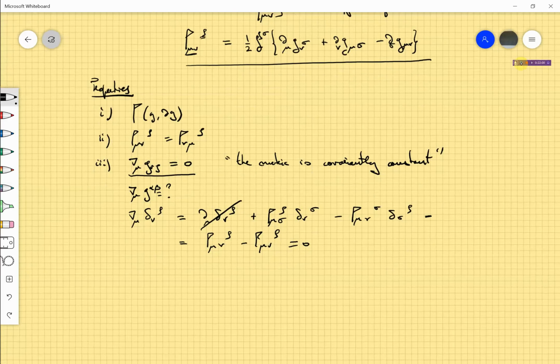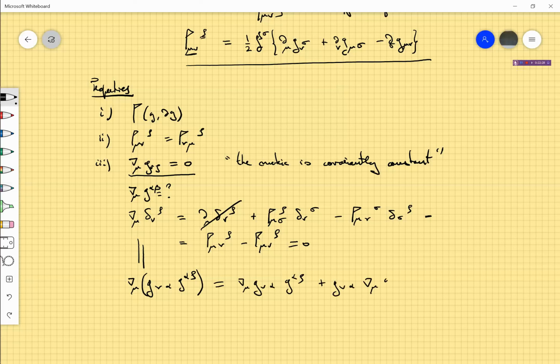But this we can write as G nu alpha G alpha rho. And because the covariant derivative satisfies this Leibniz rule, this is the derivative of the first times the second plus the first times the derivative of the second.